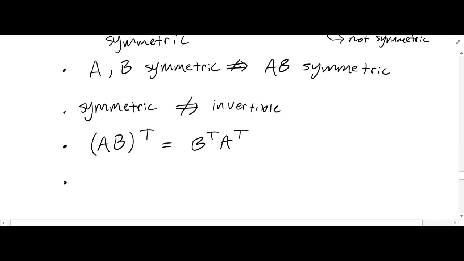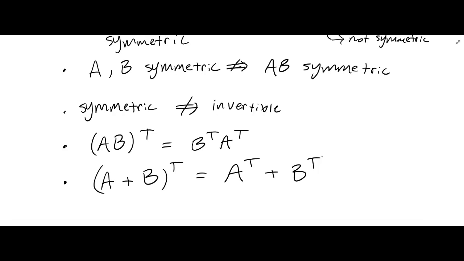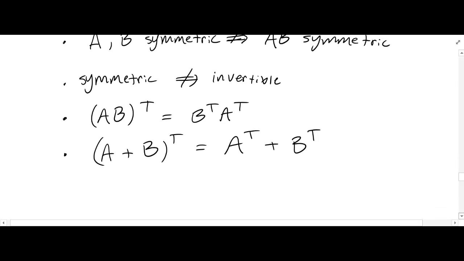Another property is when you sum two matrices together and take their transpose, it's the same as summing up the transposes. Another fact is if your matrix is invertible, then taking the transpose of the inverse is the same as taking the inverse of the transpose.